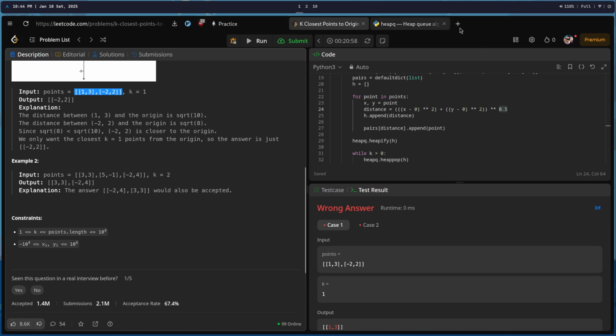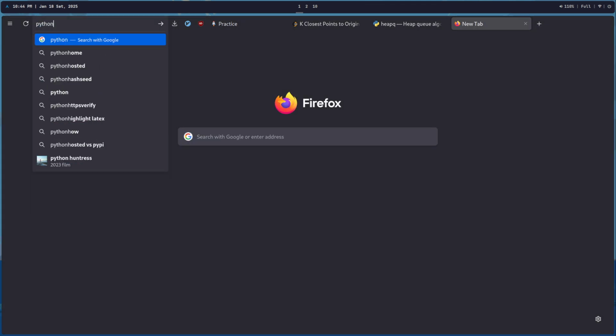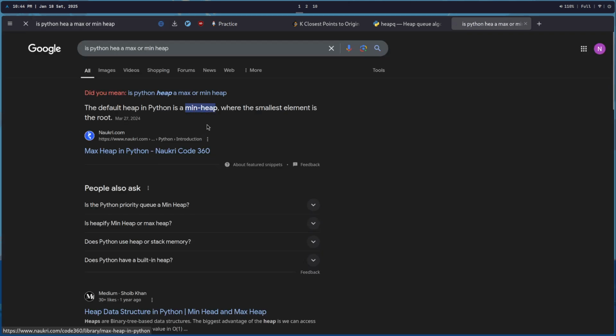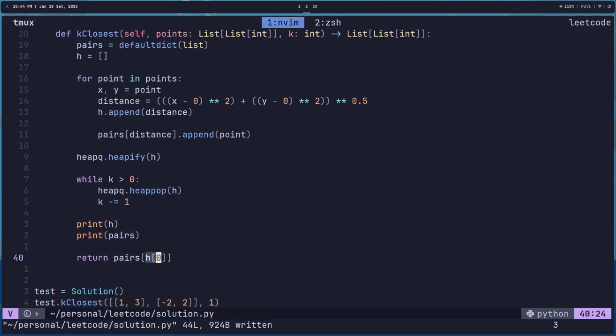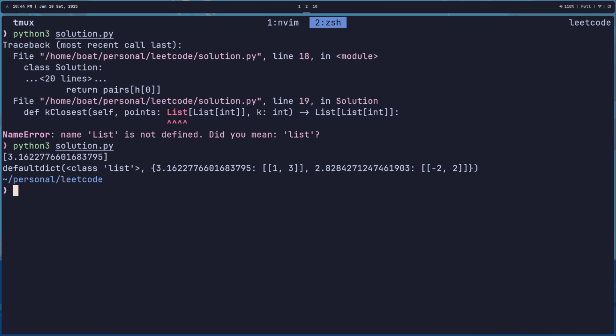Wait. Python heap is min heap, right? Yeah. The smallest is the root. Am I getting the root correctly? This is the root, right? So this is the root.